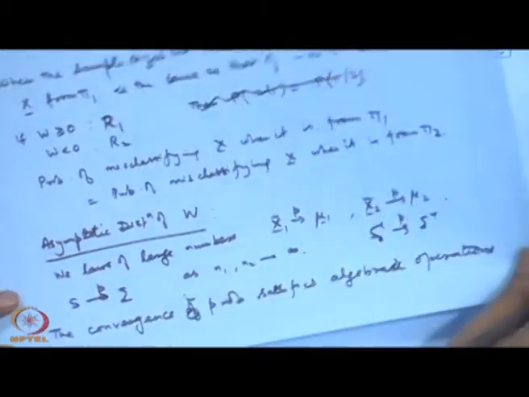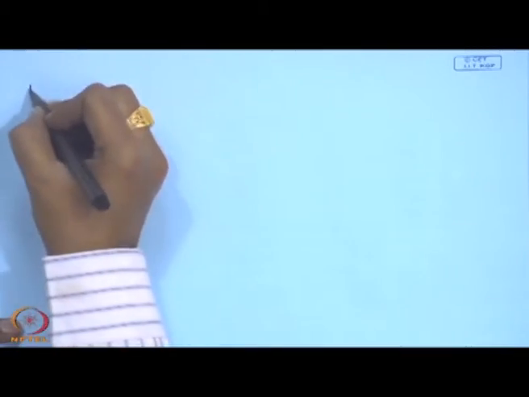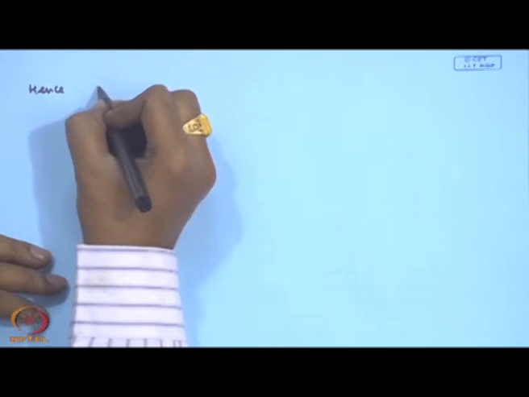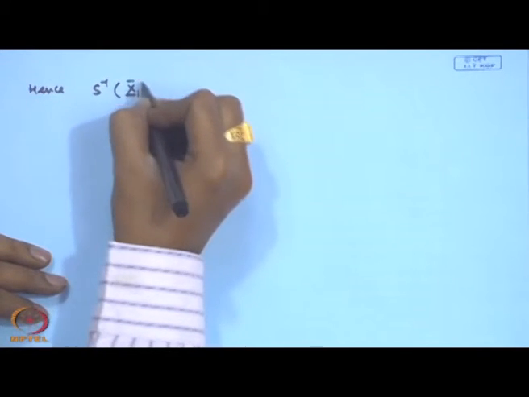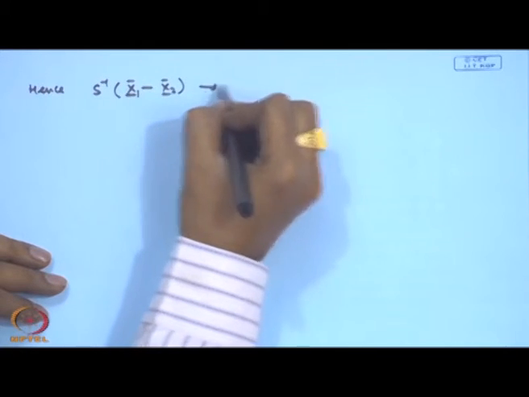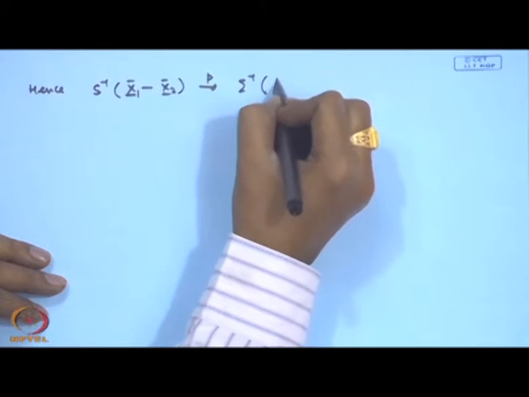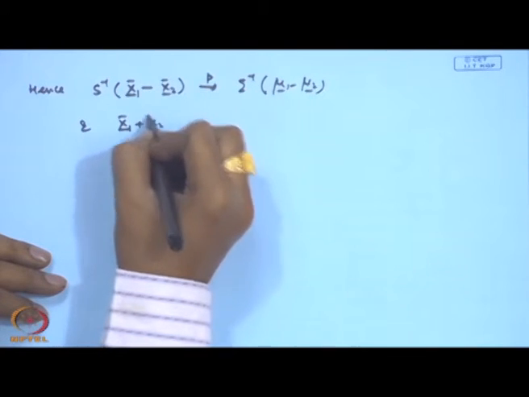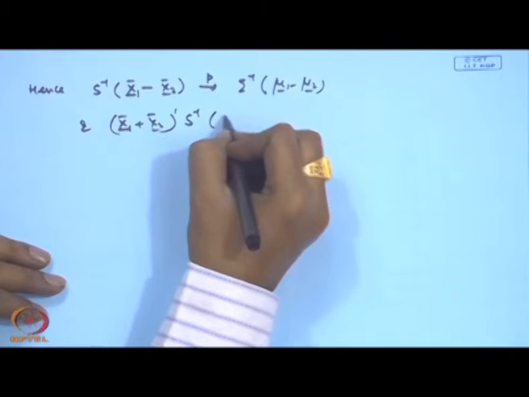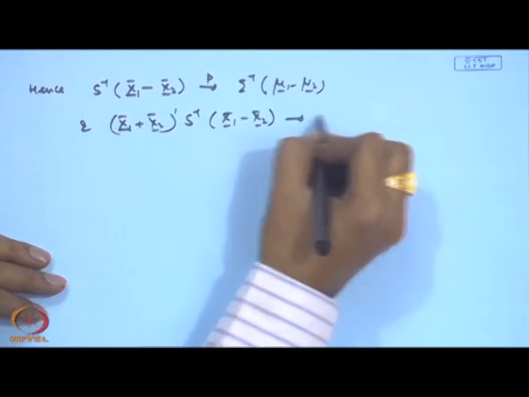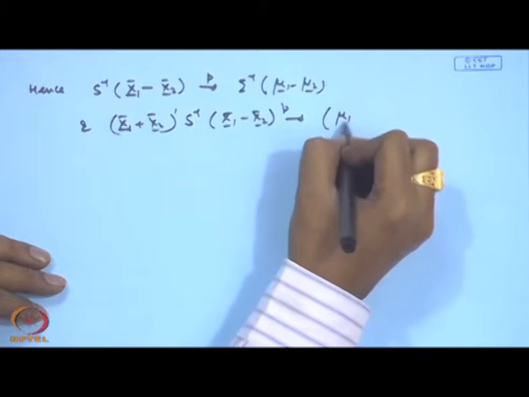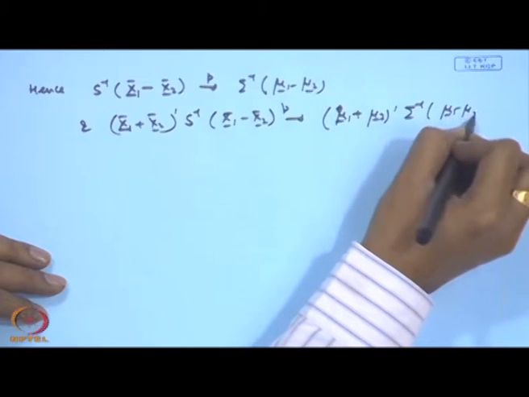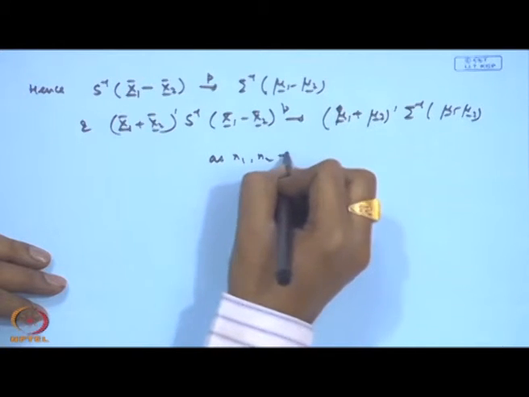Hence, you will have S inverse x 1 bar minus x 2 bar converging to sigma inverse mu 1 minus mu 2, and x 1 bar plus x 2 bar prime S inverse x 1 bar minus x 2 bar converging to the corresponding term mu 1 plus mu 2 prime sigma inverse mu 1 minus mu 2 as n 1 n 2 tend to infinity.